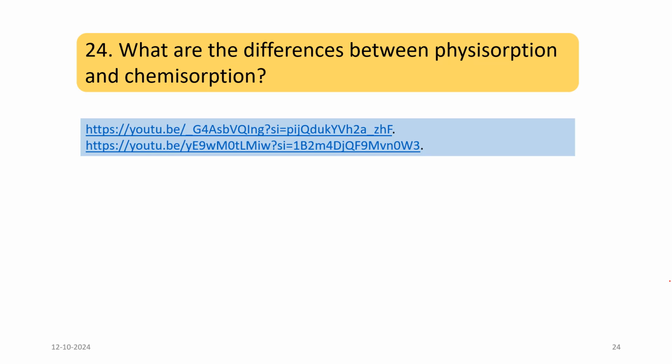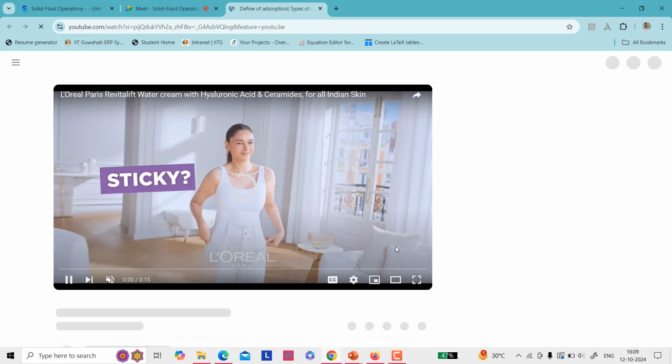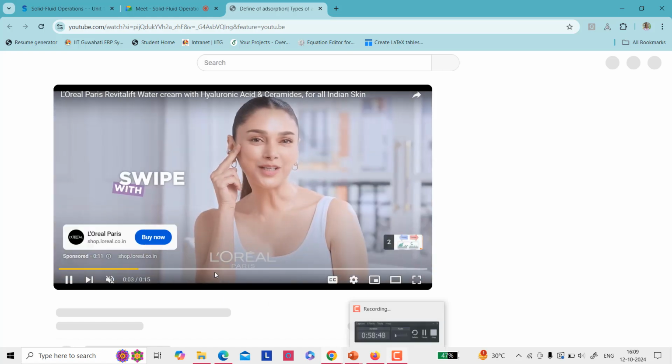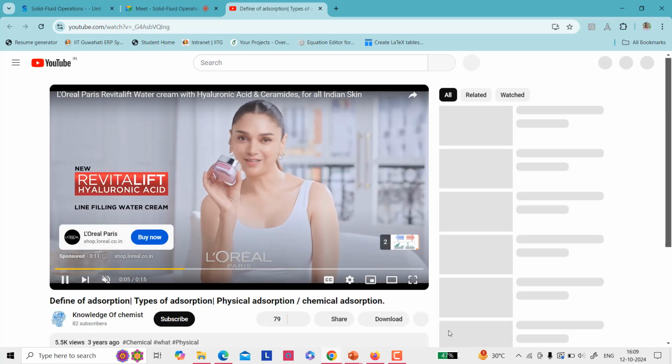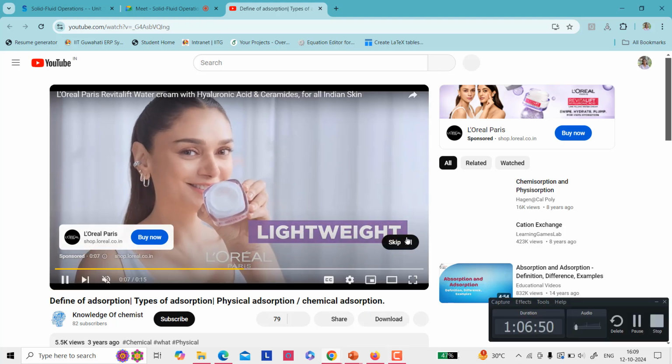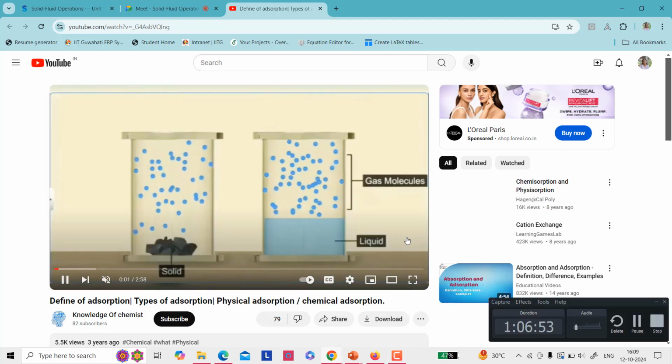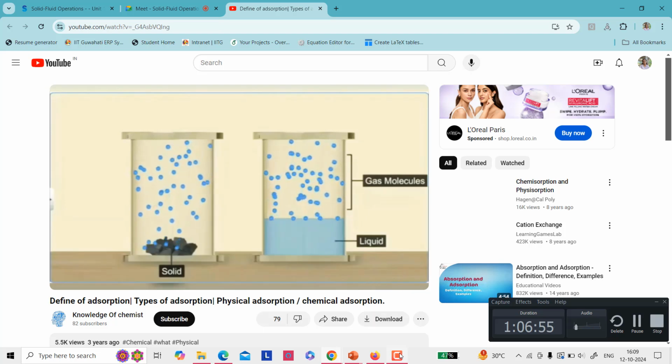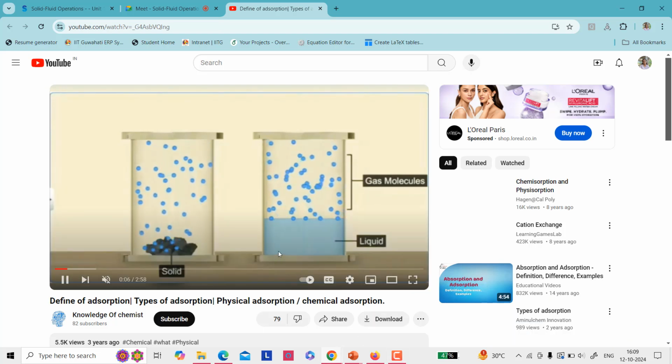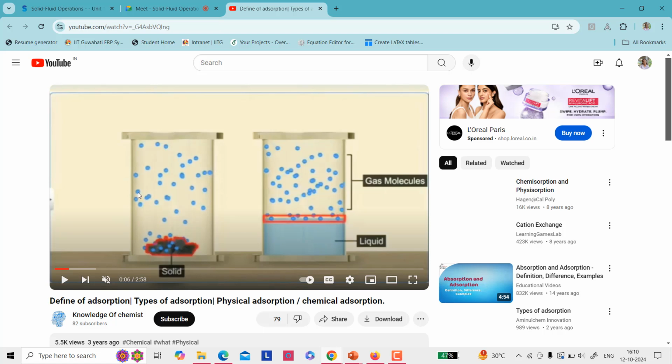You can see here, this is the solid, and here are the gas molecules and liquids. So adsorption happened.